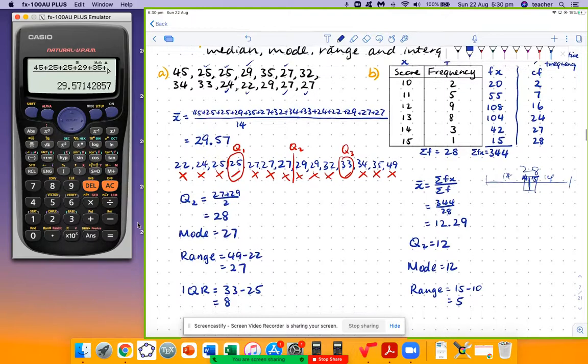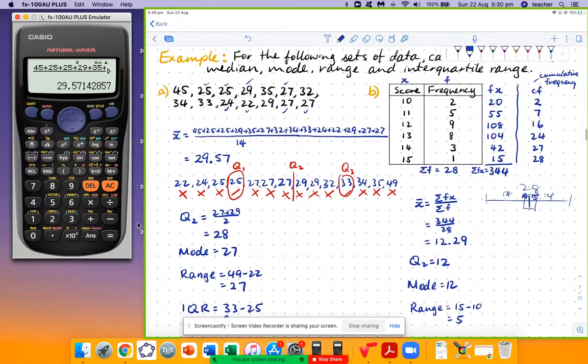To work out the interquartile range, we need our quartiles. So remember, at the moment we've got 14 numbers below and 14 numbers above. What we need to do now is cut that in half again as well. So if I cut this in half, I'm going to have 7 below and 7 above. So I need to look at what the 7th and the 8th score is. And then at the top, I'm going to be looking at the 21st and the 22nd score.